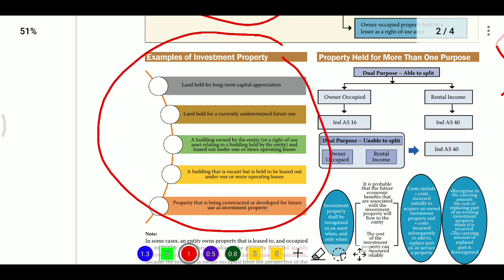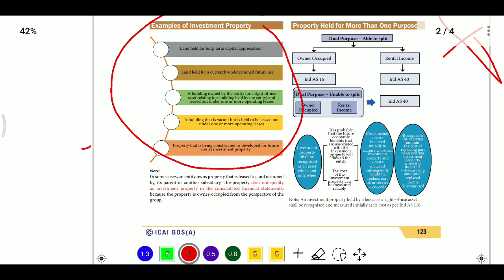A building owned by the entity, or right of use assets relating to a building held by the entity, and leased out under one or more operating leases, or a building that is vacant but is held to be leased out under one or more operating leases, or property that is being constructed or developed for future use as investment property. These all are examples of investment property.